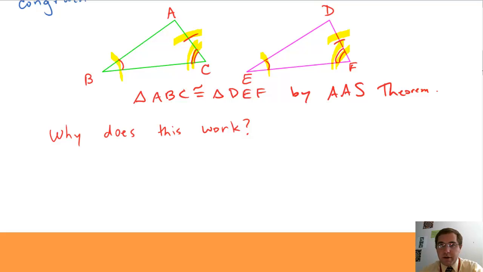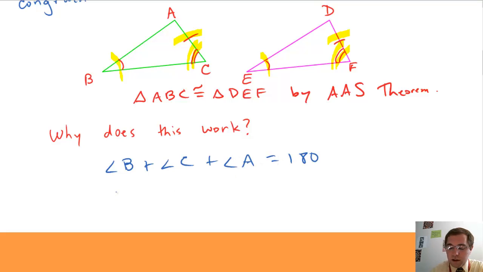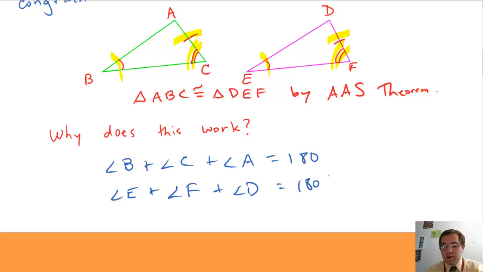If we know 2 pairs are congruent, then it makes sense that the 3rd pair is also congruent, because they all add up to 180. So if angle B plus angle C plus angle A equals 180, and angle E plus angle F plus angle D equals 180, each triangle adds up to 180.